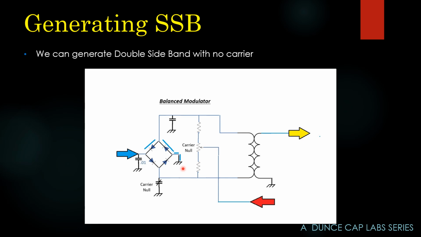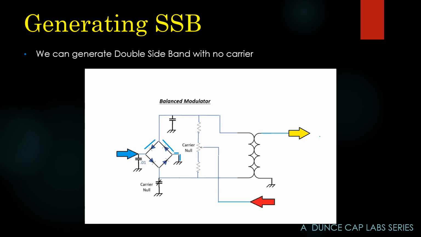Now, what's important to understand is that a diode flowing current shows a lower resistance than a diode not flowing current. Of course, the diodes are already flowing current because the RF energy is flowing in this circuit. I just don't have it shown here. But when the audio comes in, the audio level is much higher than the RF level, which means the diodes conduct more because of the audio.